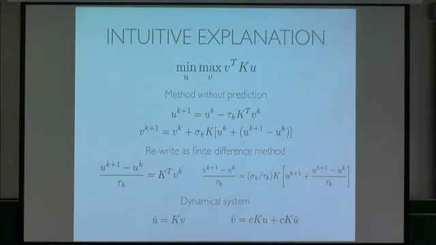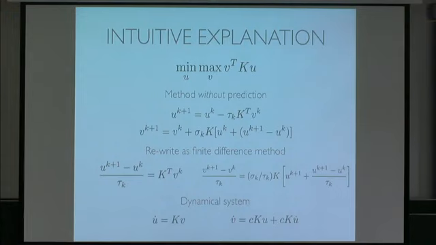So we can rewrite this V update as a dynamical system. We put these 2 V's together on this side here, and we divide by T. What we find is something that looks like the same dynamical system we had before, except now you have this U_{k+1} minus U_k term. When you divide that by T, you get an update term that involves the time derivative, and that shows up in our dynamical system.